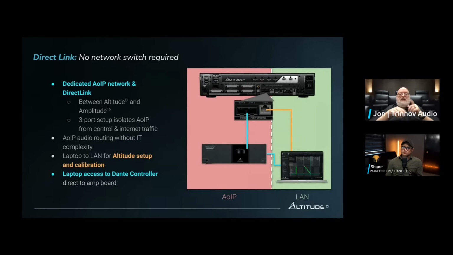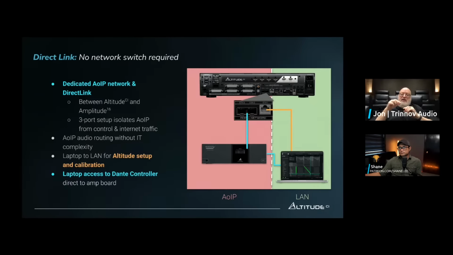I'll just give you an idea of what we believe are the 3 most common ways of connecting the CI to an Amplitude 16, for example. And it doesn't have to be an Amplitude 16. It could be any Dante or AES67 enabled power amplifier. So the CI and the AMP16 can be connected by that single, simple Ethernet cable.